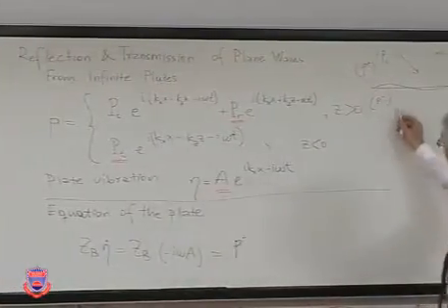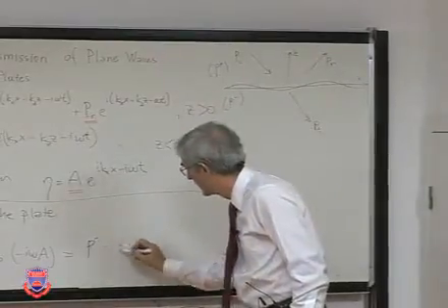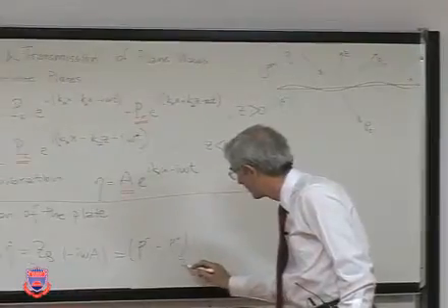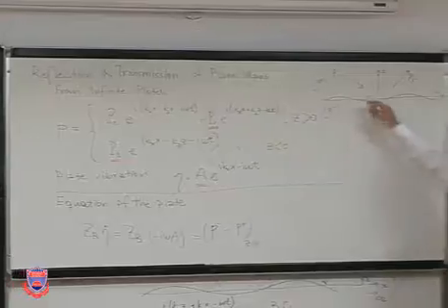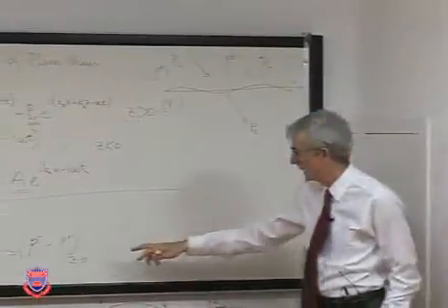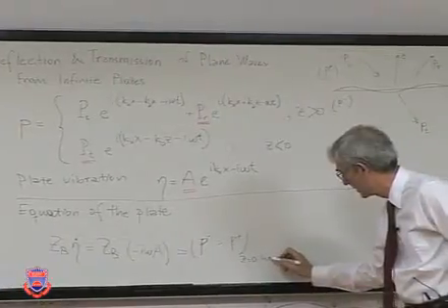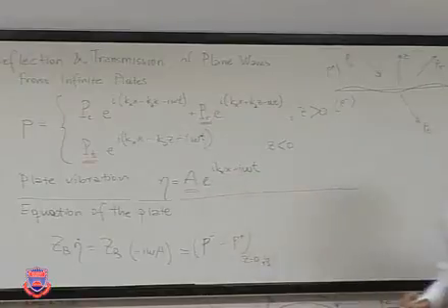This is pushing it in the positive direction, okay? And this is in the negative direction, but it's all evaluated at the surface of the plate. And we're assuming the thickness is negligible. Otherwise, you would have to do this as h over 2 plus minus, okay?